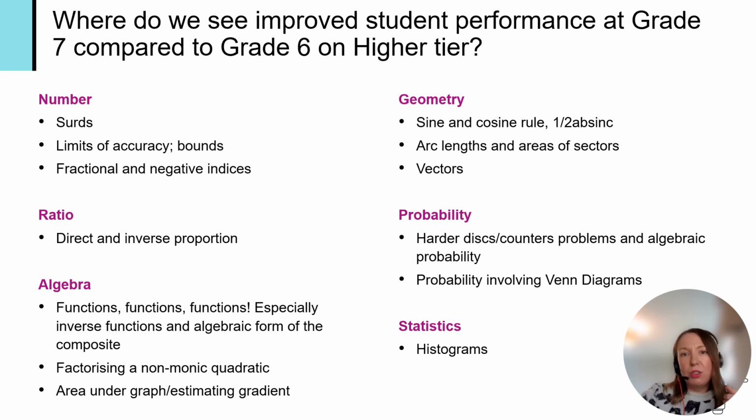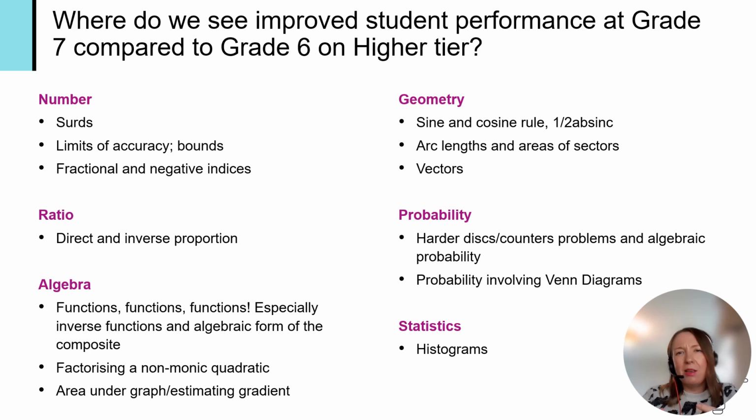In terms of geometry, these are generally the big mark questions. We're talking the 4 or 5 mark questions, and with sine and cosine rule and the half ab sine C, quite often these are questions where we need to apply one or more of those rules, or it's a little bit trickier.